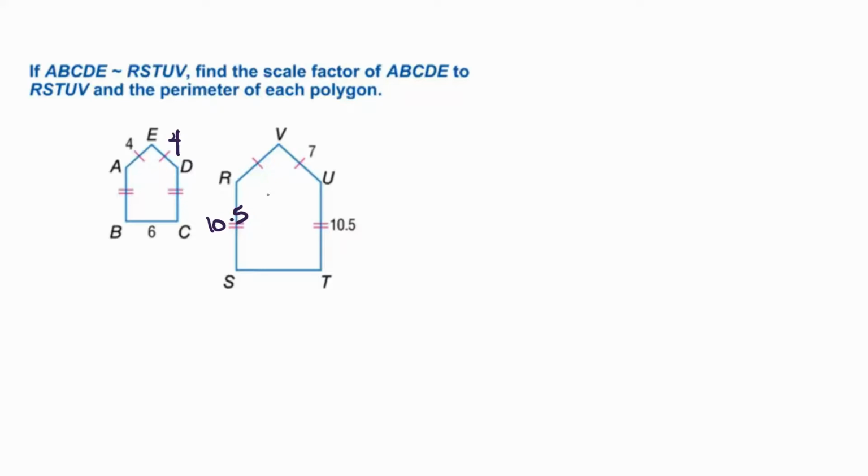We know that the scale factor would be 4 over 7 because ED corresponds to UV, so the scale factor is 4 over 7.